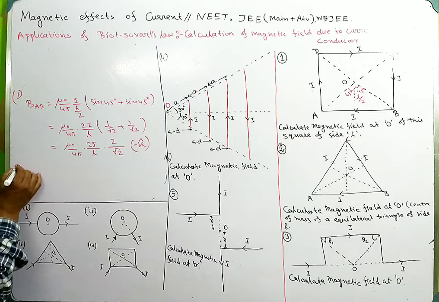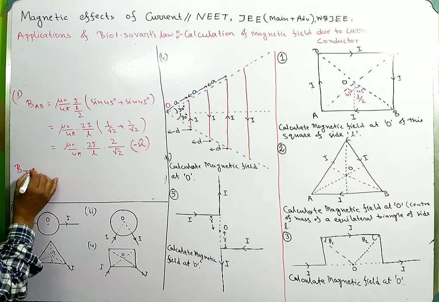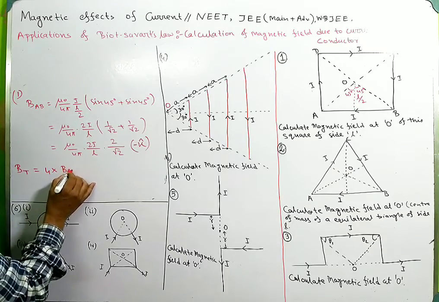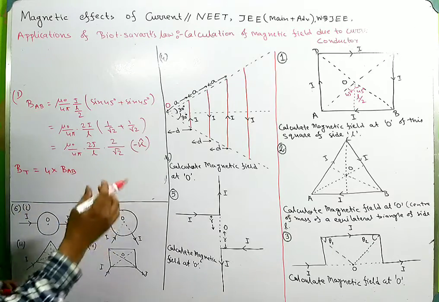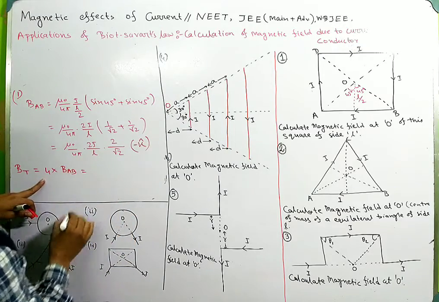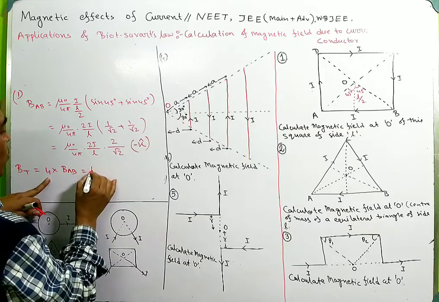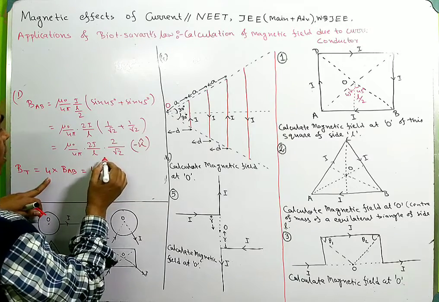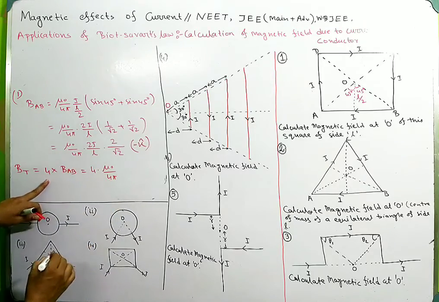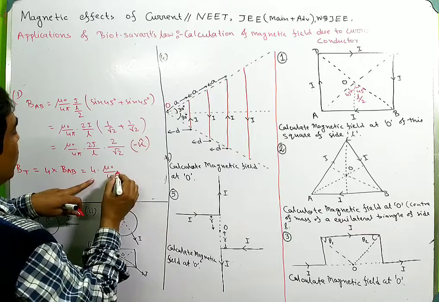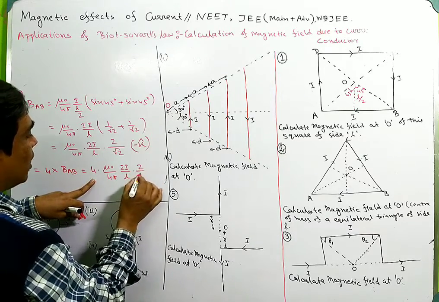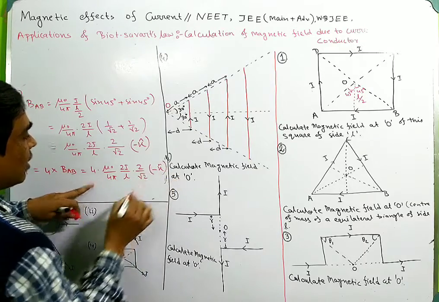So the total or resultant magnetic field B total must be equal to 4 multiplied by B of AB, because all the magnetic fields are in the same direction, that's why it is multiplied by 4. So it will be 4 into mu 0 by 4 pi into 2I divided by L into 2 by root 2, minus k cap.